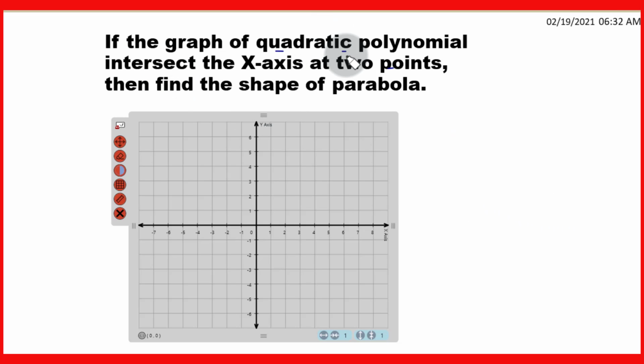Friends, the question is that if the graph of a quadratic polynomial intersects the x-axis at 2 points, then find the shape of the parabola.